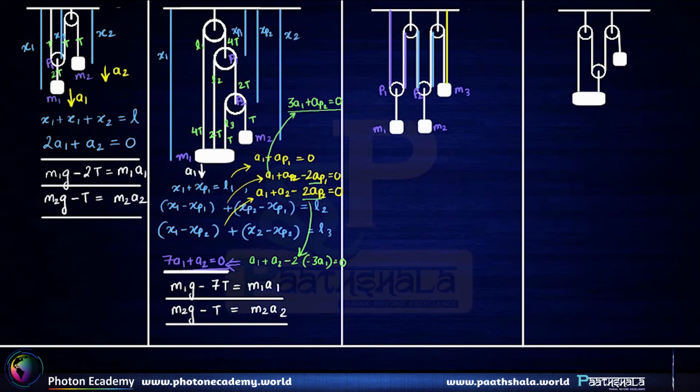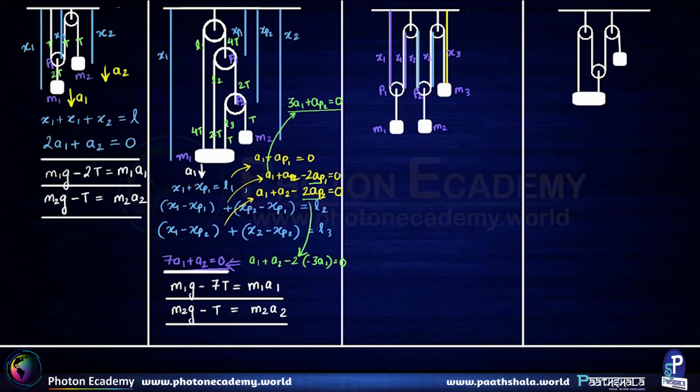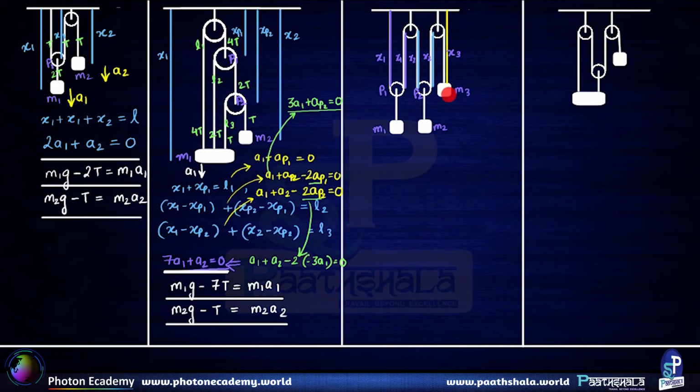So I can write down this is x1, this is x1, this is x2, this is x2 and this is x3, because x1 is varying with the mass m1, x2 is rigidly connected to the pulley P2 which is rigidly connected to the mass m2 and it is varying as the mass m2 is moving. x3 is connected to the mass m3.